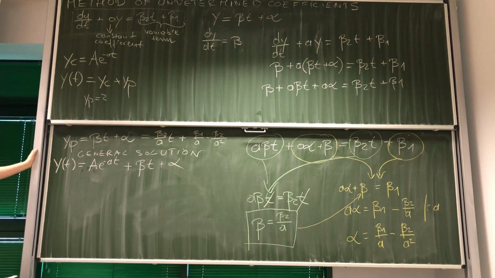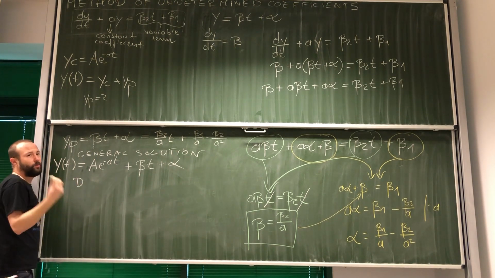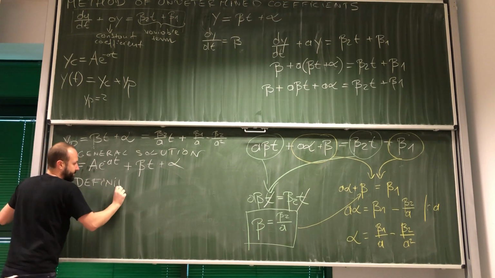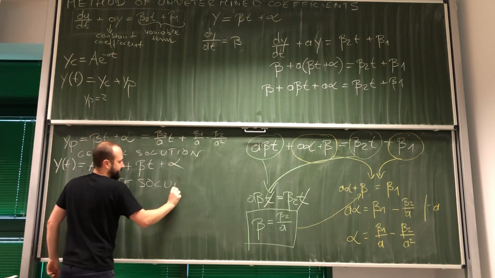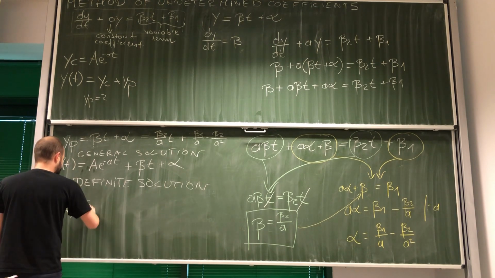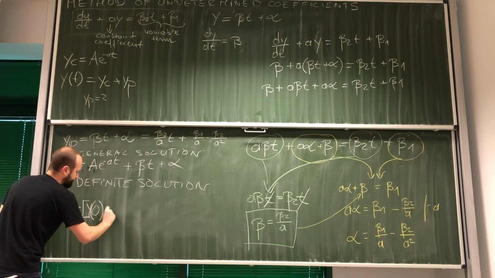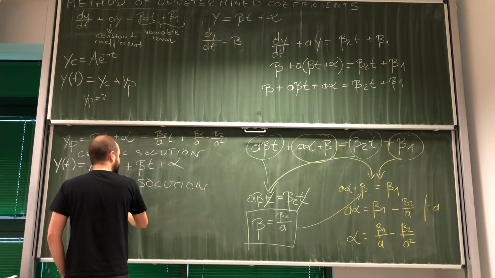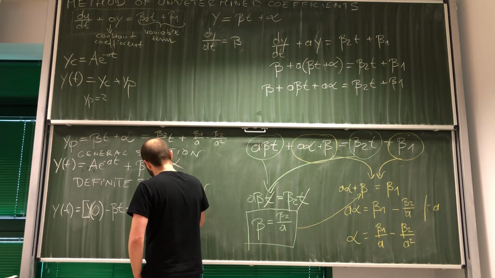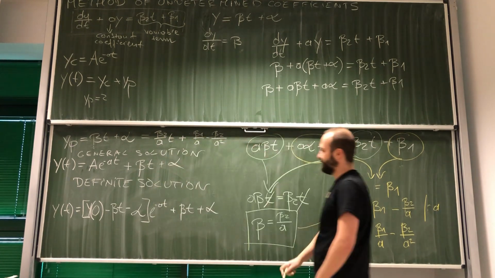How can we get the definite solution in this case? Well, not a problem. We will do it exactly the same way as we did before. So, the definite solution is simply y0 minus beta t minus alpha, times e to the power negative at, plus beta t plus alpha.